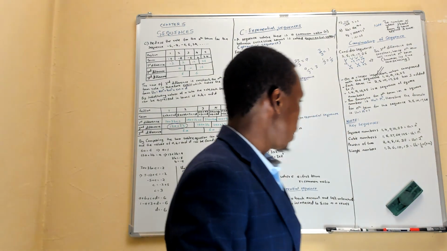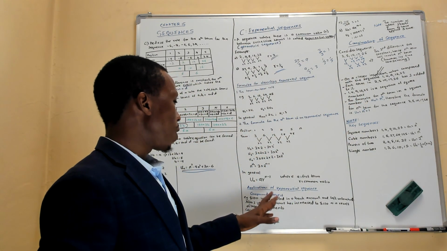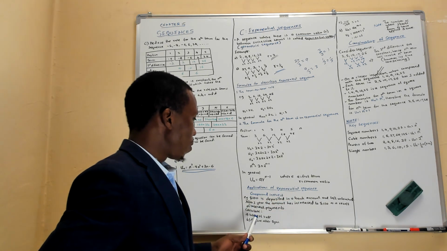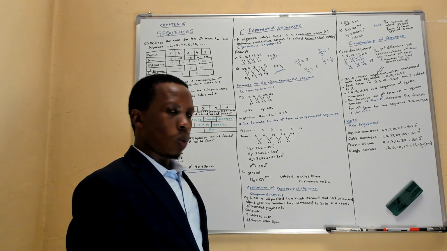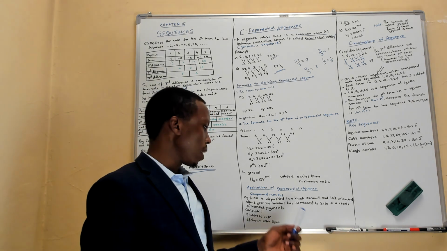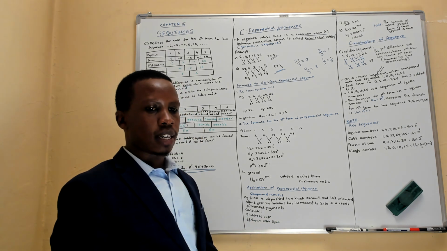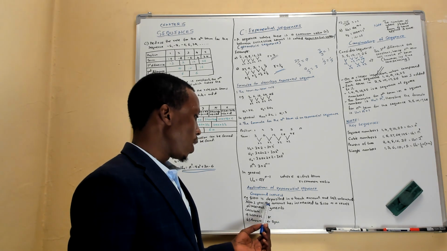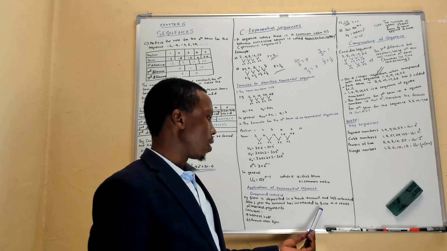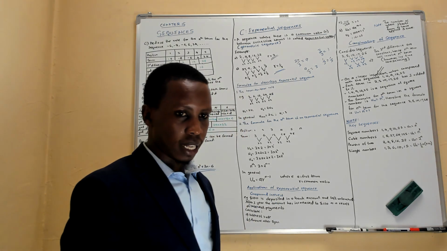Now here, we are trying to tell you that we are also applying compound interest in terms of exponential sequences. For example, you deposit $100 in a bank, and you don't touch that money for the next 1 year, and then you realize that the money has increased to $110 as a result of interest payments.